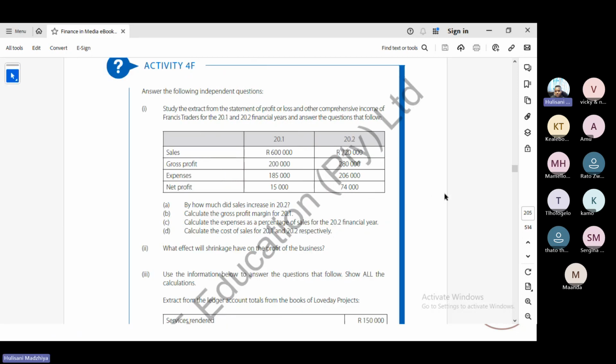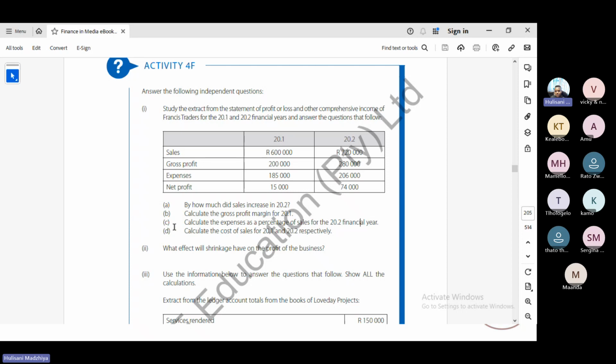This doesn't allow me to write on top. So for 2.2, I want you guys to also do the one for 2.1, so that you can tell me whether the expenses we incurred this year were more than the expenses we incurred in 2.1. This allows us to spot the difference.